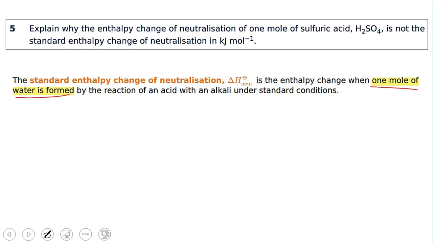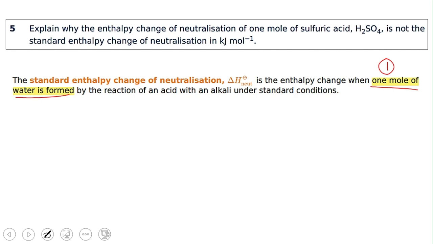So, neutralization is the reaction of alkali and acid. Two are reacting but producing just 1 mole of water at the end. If they are producing 1 mole of the water, then it will be standard enthalpy change of neutralization. If it is different than 1, maybe less or more, in that case it will not be standard enthalpy change of neutralization.